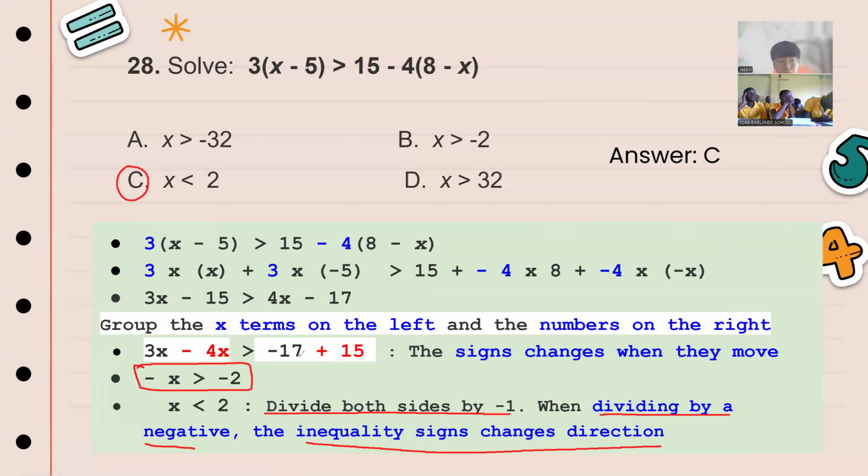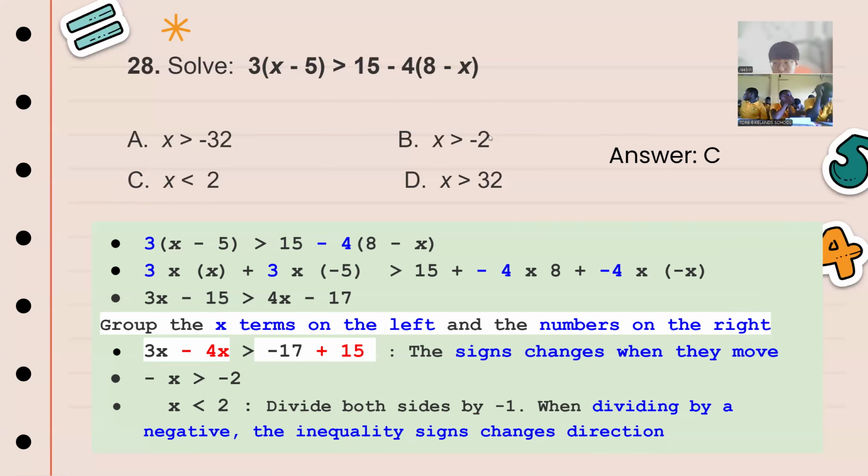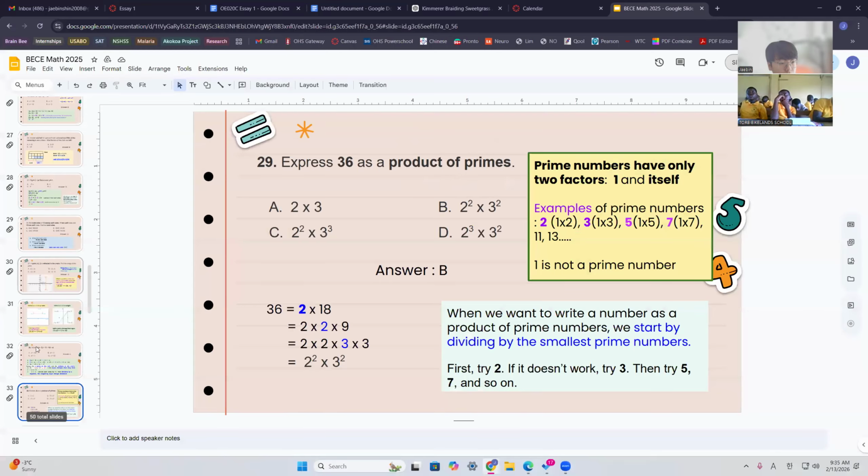If you're finished writing this one down, then let's move on.